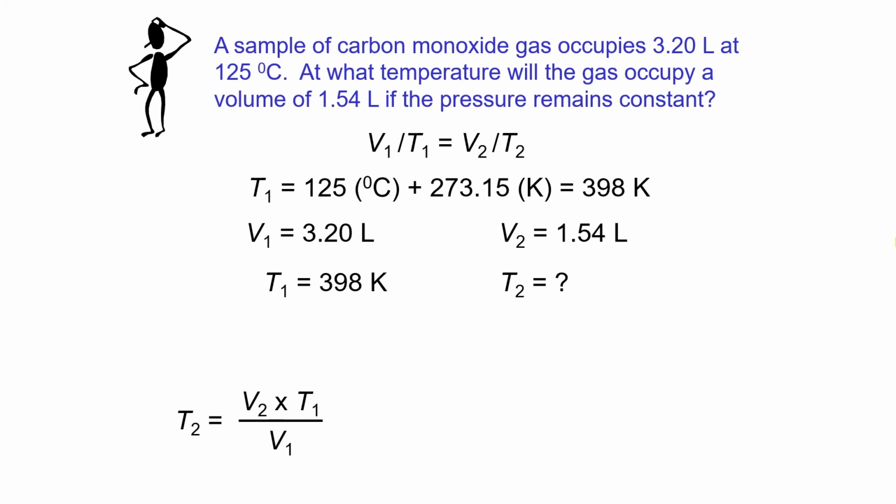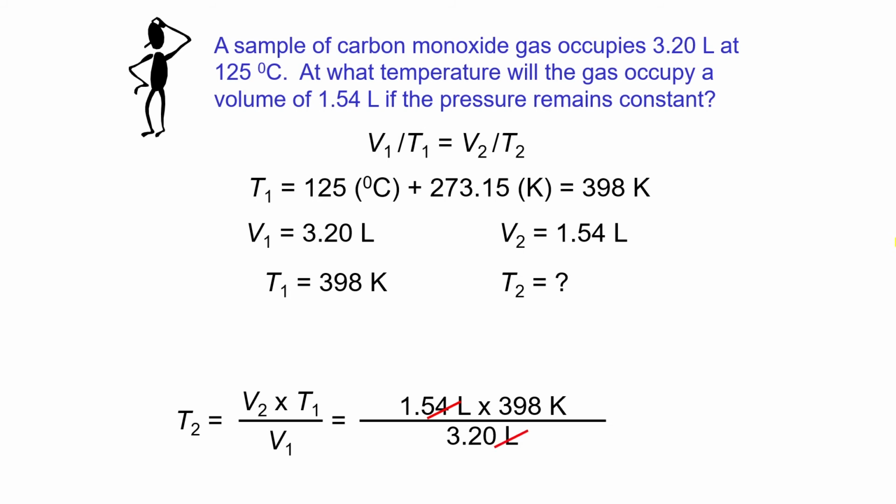Again, since I am decreasing the volume, what should happen to the temperature? That's correct. Since the volume is decreasing and the temperature is directly related to it, the temperature should also decrease. So T2 should be smaller than T1. I'm going to put the numbers in now and cancel out the liters units.